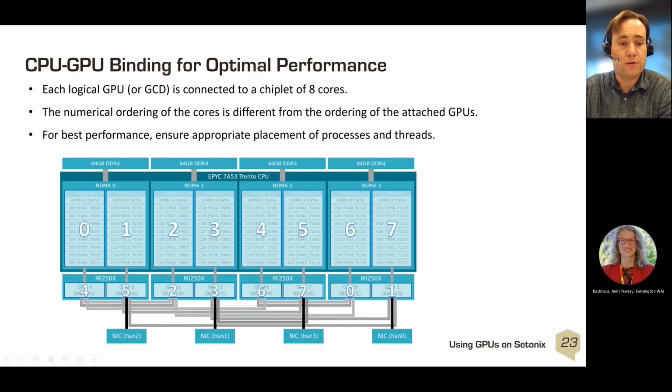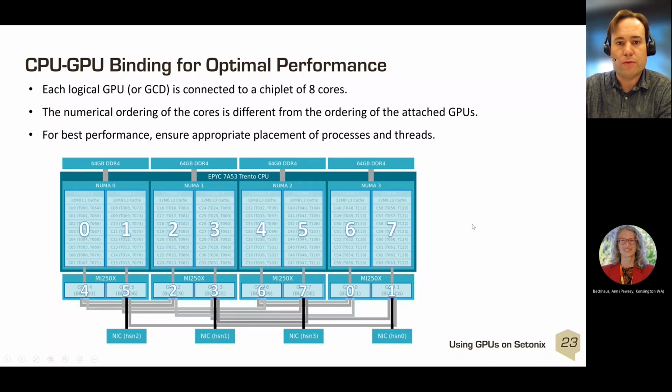And so you can see the zeroth, the initial numbering of the cores actually corresponds to the 4th GPU, and then the 0th GPU is corresponding to the 6th numbering of the underlying cores. And so for good performance, it's really critical that you're aware of which processes are associated with which GPU when you're running on the system.